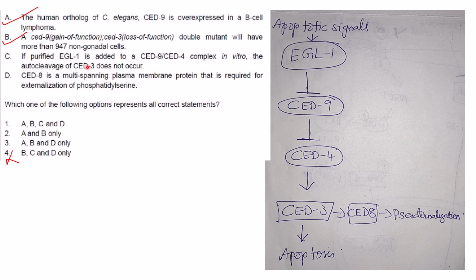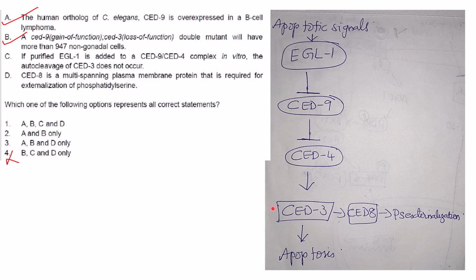If purified EGL1 is added to the CED9 CED4 complex in vitro, the autocleavage of CED3 does not occur. See, EGL1 is added, CED9 CED4 association is disrupted, and CED4 is free to activate CED3.